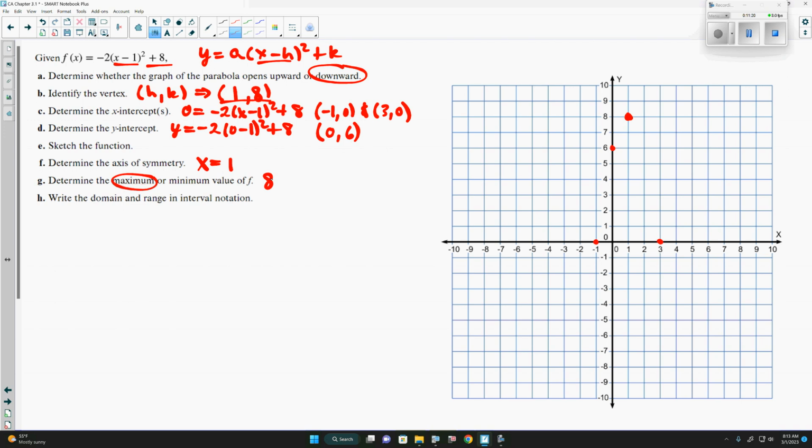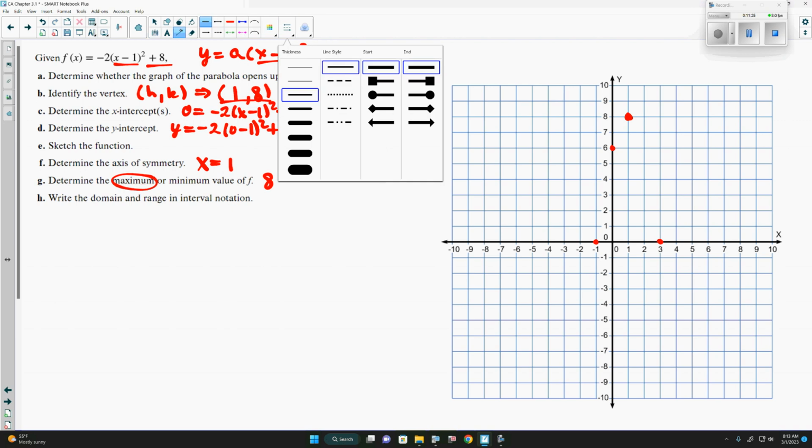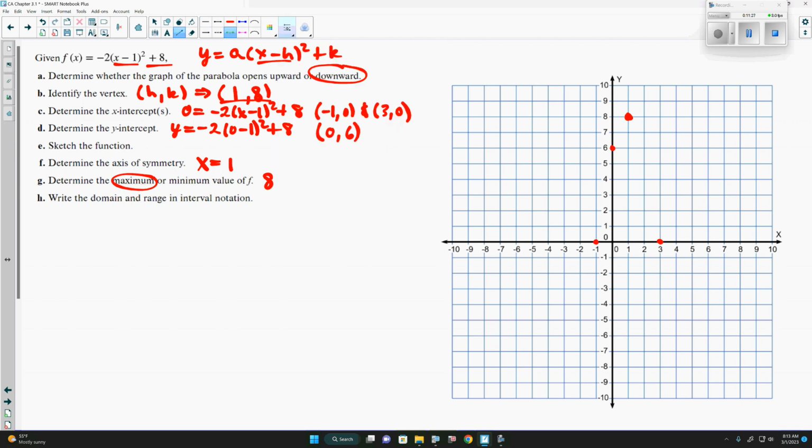And what's nice is, with that also, since we do know that this here is the axis of symmetry, that all points are equidistant on either side of it, it means that here at 0, 6 is one distance away from it. If I plug 2 into it, I would get 2, 6.